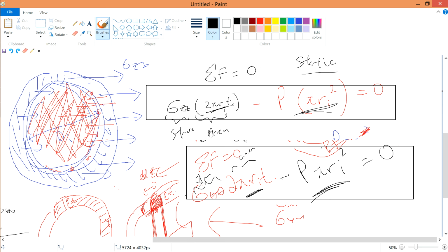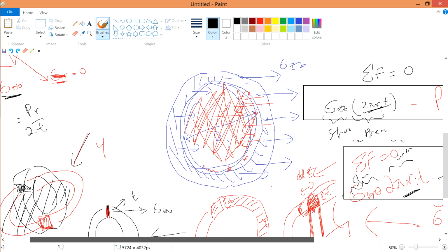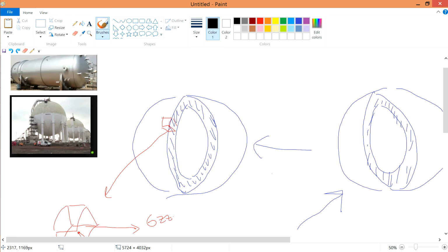Therefore this is the whole proof for the spherical stress, which is sigma x or y or z equals PR over 2t, where r is the radius and t is the thickness.